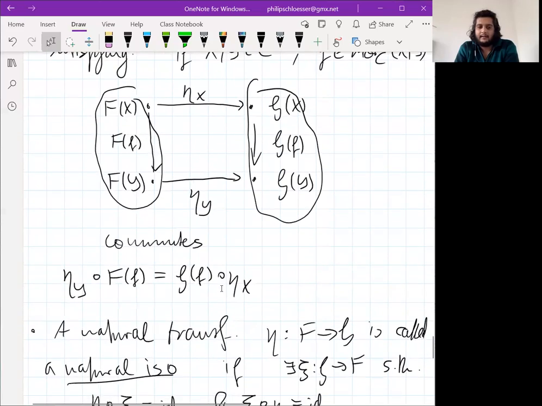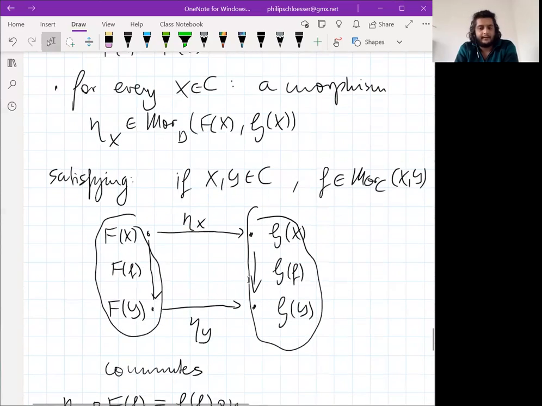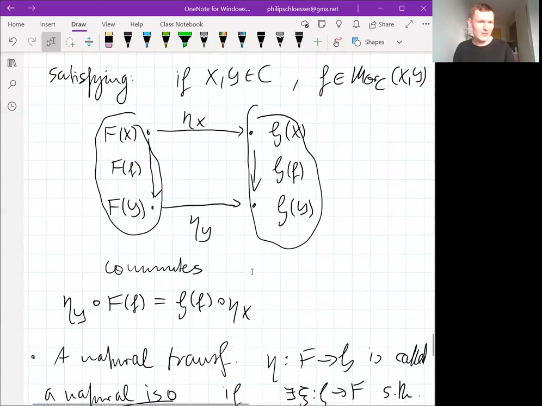But can you say some statement like eta x equals eta y or something like that? No, because they are just completely different things. One goes from F x to G x, the other goes from F y to G y. Yeah, right. So they're maps defined on completely different sets. Okay. We're talking about sets. Yeah.